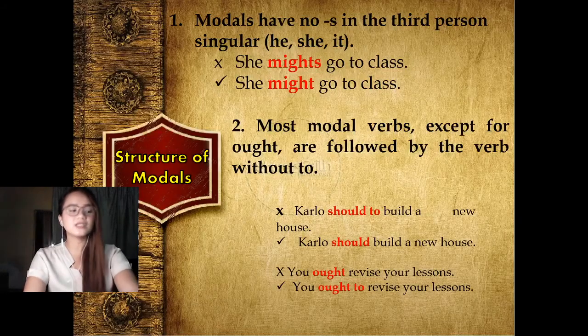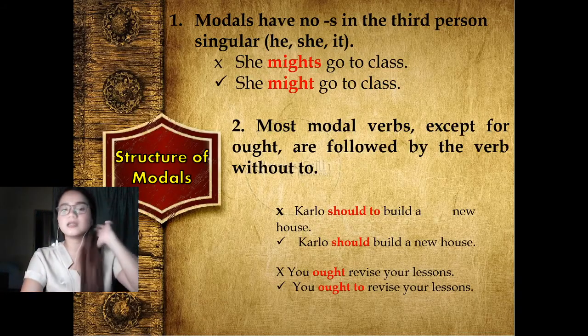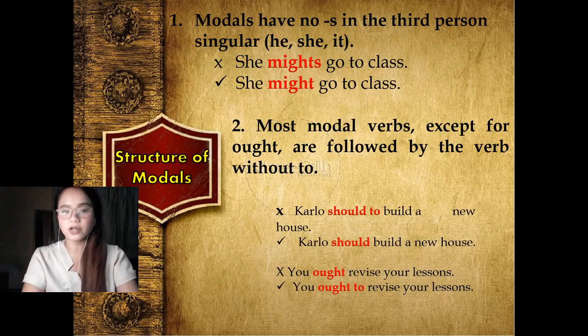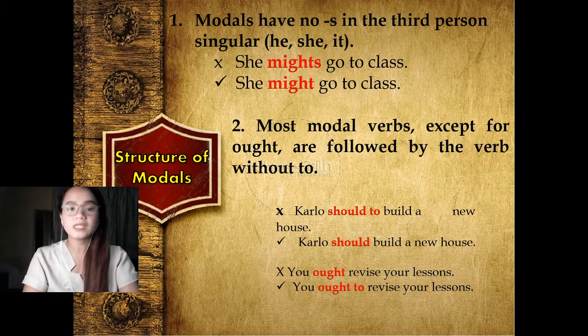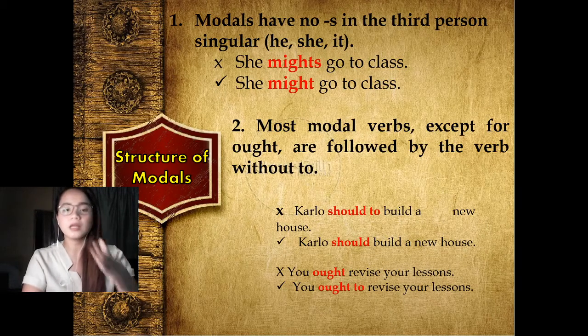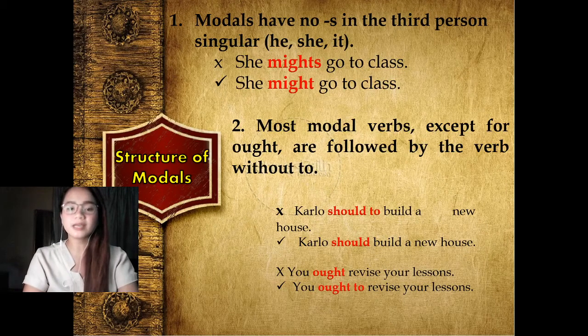There are things that you need to remember, class, in modal structure. The first one is that modals have no S in the third person singular. We cannot add S or ES or even D or ED to our modal. So in this example, the second sentence is correct. We can say, "She might go to class," instead of "She mights go to class."